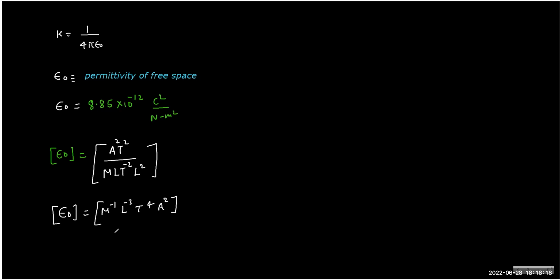So we got the dimension of epsilon naught, and that's why epsilon naught is called a dimensional constant. It has dimension. There are constants which have no dimension. They are just numbers, like the refractive index of a medium. The absolute value is just a constant.